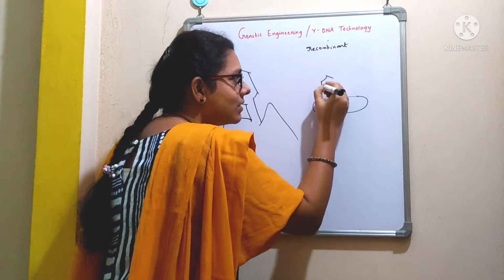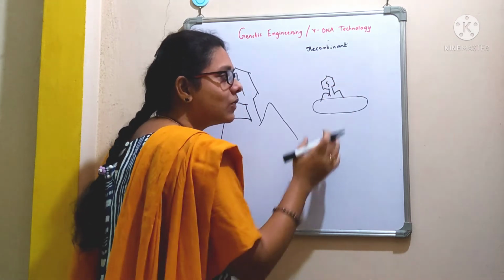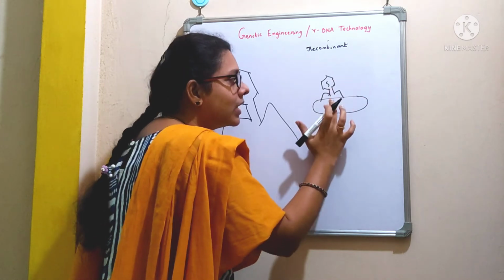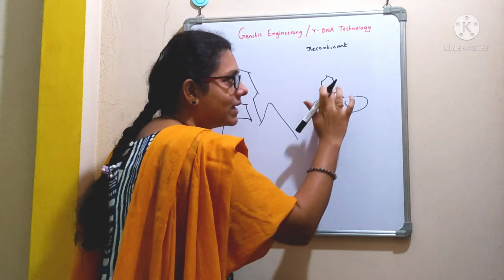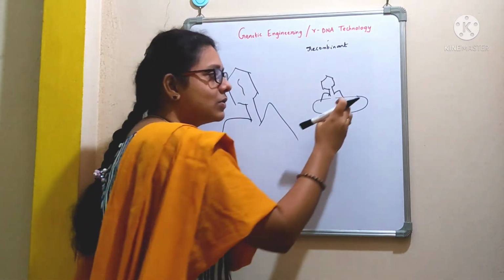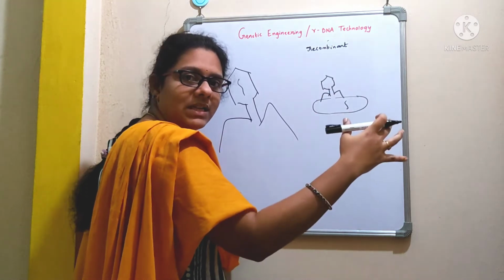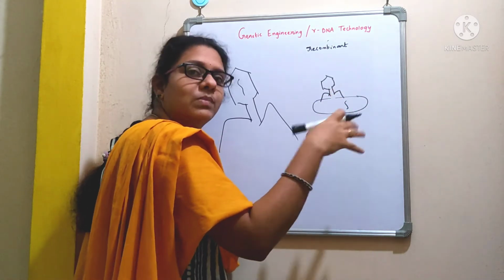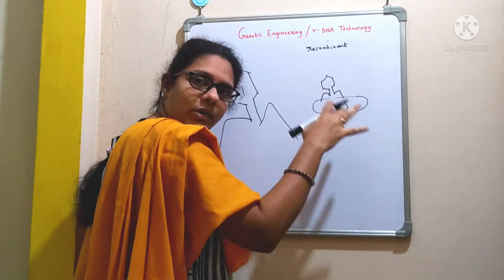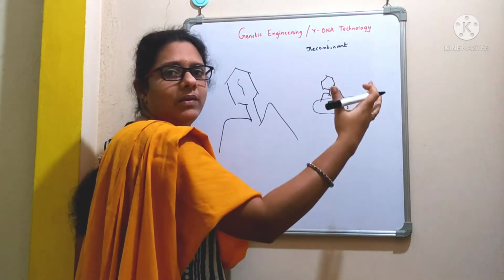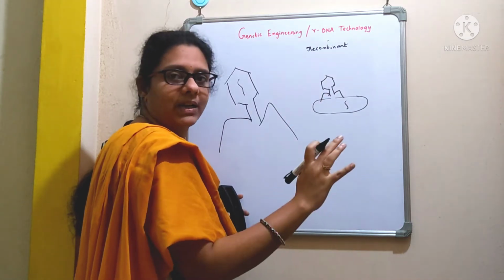Whenever this bacterial cell is infected with a bacteriophage, the bacteriophage introduces its genetic material into the bacterial cell. When this genetic material undergoes replication, transcription and translation, it produces more viral progeny, and those viral progeny come out of the bacterial cell and infect another bacterial cell. Generally, this is the life cycle of a bacteriophage.